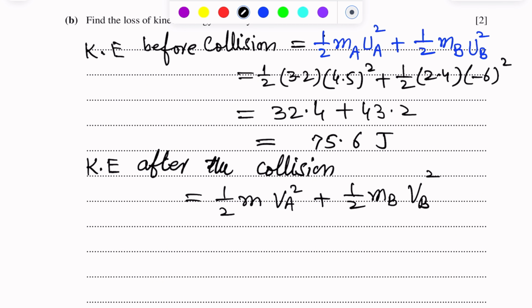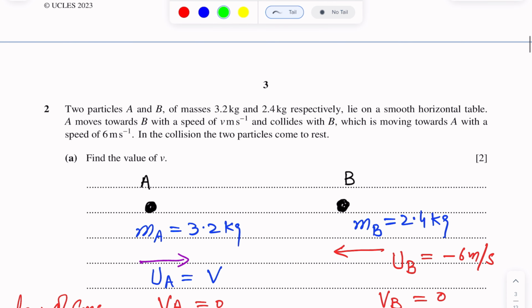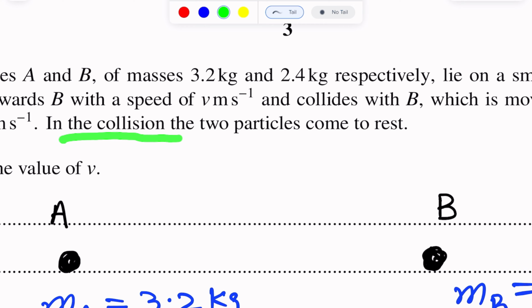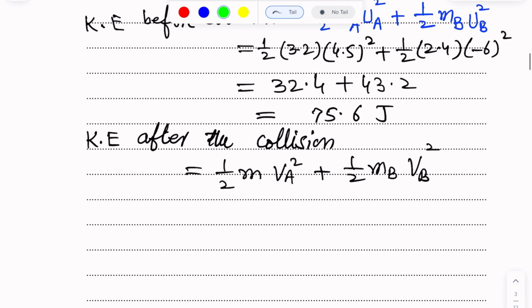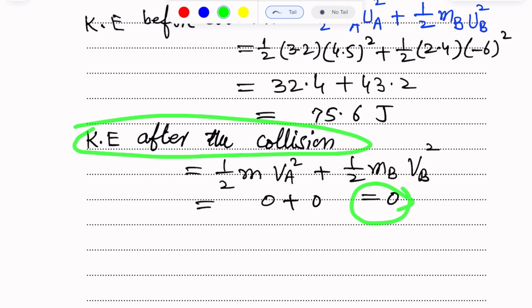But in this case, the final speed of both the particles after the collision is zero, because it is given that in the collision the two particles come to rest. So the kinetic energy of both the particles is zero. We can write 0 plus 0 is equal to 0. So the kinetic energy after the collision is 0.